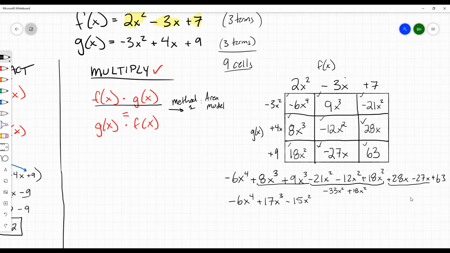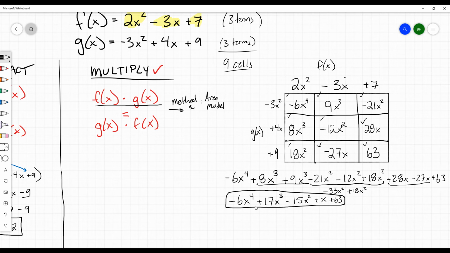I'll combine the next two, 28x minus 27x plus x plus 63. And this will be my final answer when I multiply.